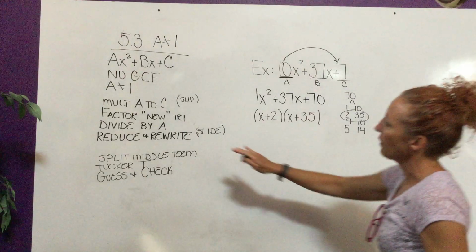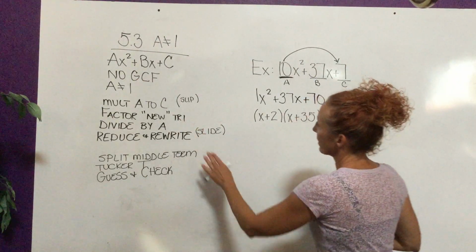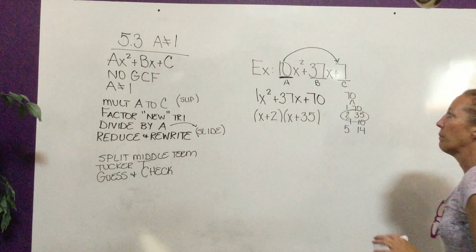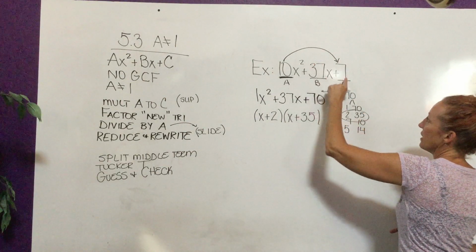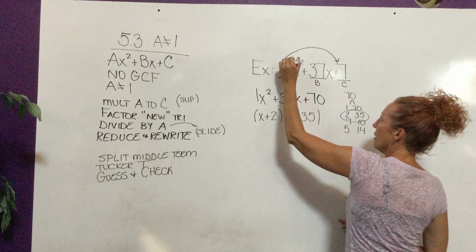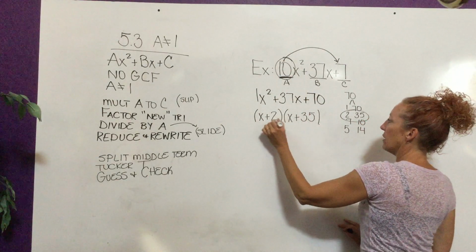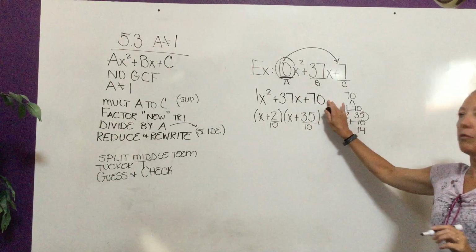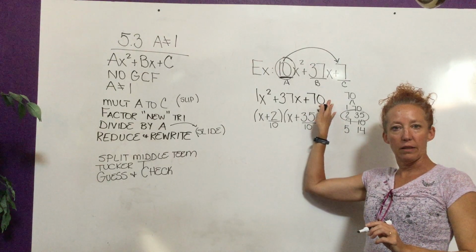Step 3 says divide by A. This is really where the slide should be. Since we slipped it to the back here, we need to undo what we did after. So I'm going to divide both of these pieces by 10. Again, we only multiplied to make this piece look easier.